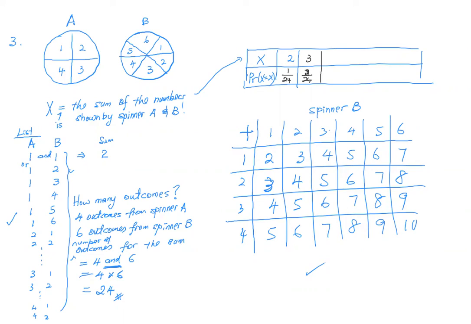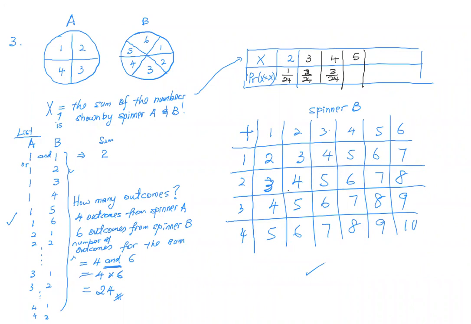So for 4, how many times does it appear? 3 times: 1, 2, 3. You have to be very careful. It's better to use a different color for this one. Five, 4. Is it correct?